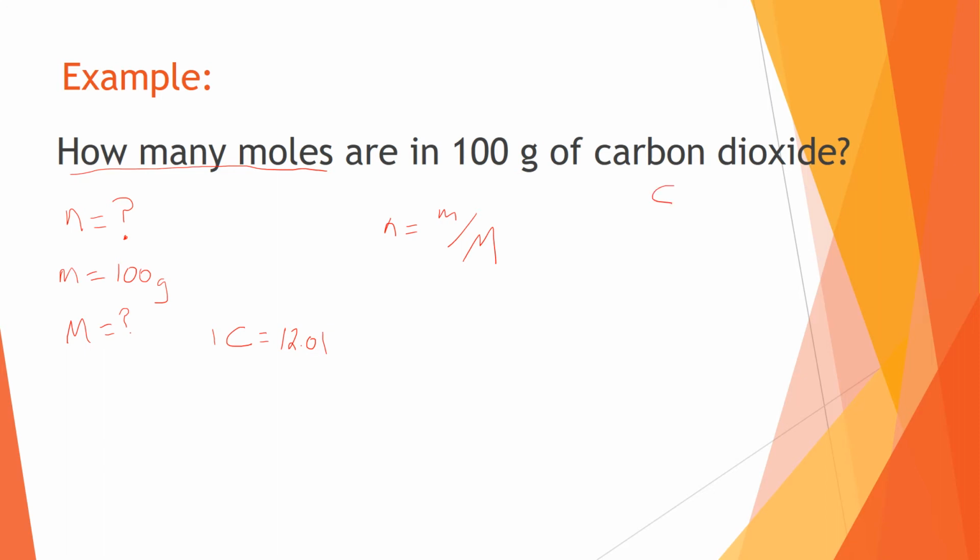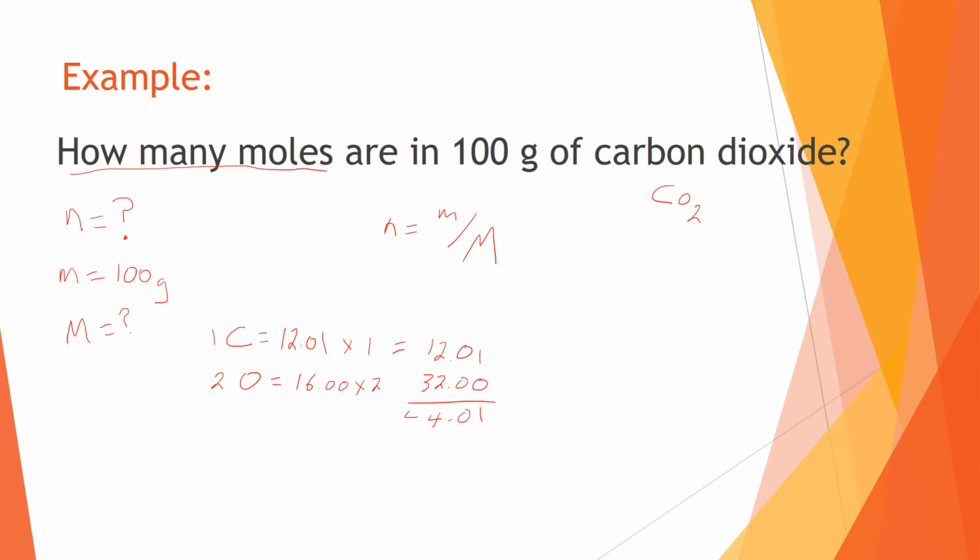So we have to write out our formula. And we know that there are two oxygens, and oxygen is 16.00, times 2, right? There's only one carbon. So we can calculate the molar mass of our carbon dioxide, as we were doing in our last examples.